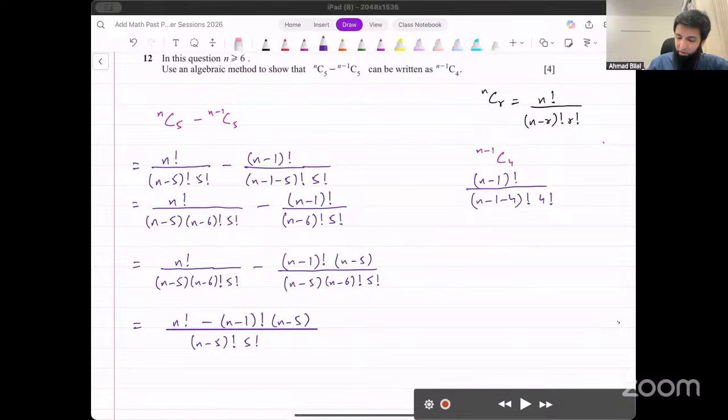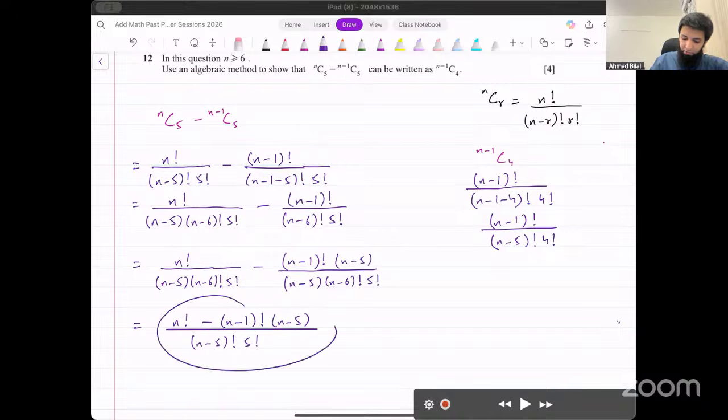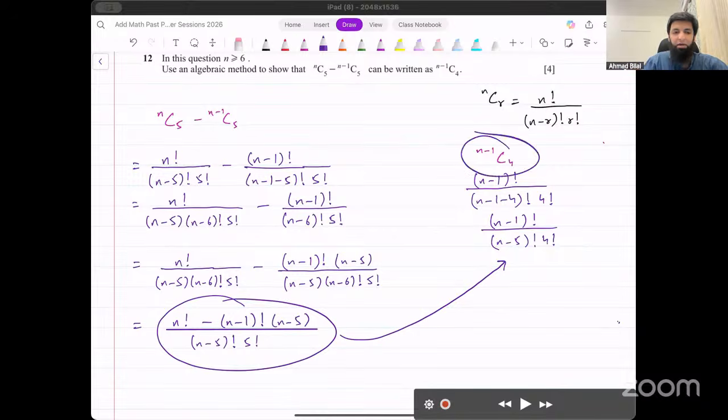That is what you want in the denominator. So n minus 1 whole factorial divided by n minus 5 whole factorial into 4 factorial. So we want to somehow convert it to that form. That's the plan. If we can convert it to that form, then we could say that's n minus 1 C 4.